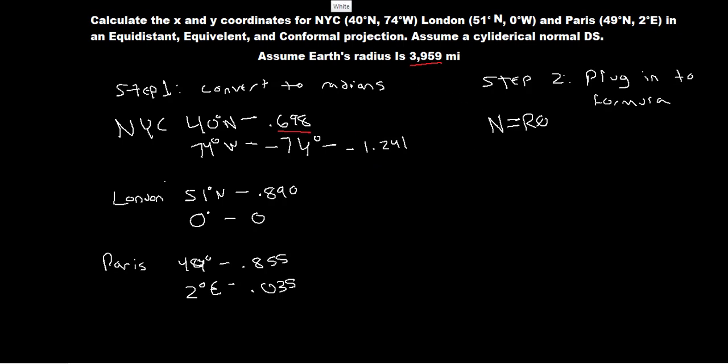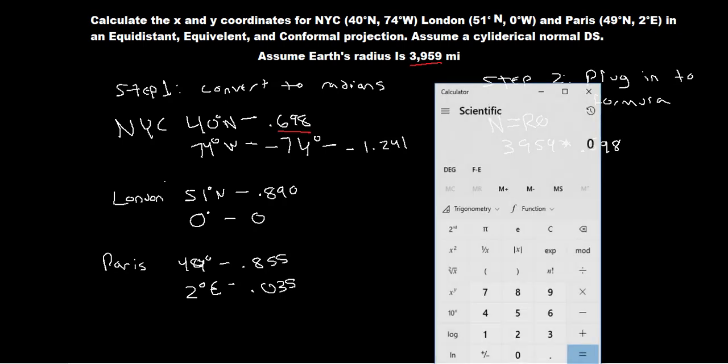So what we're going to do is the calculation: 3,959 times 0.698.